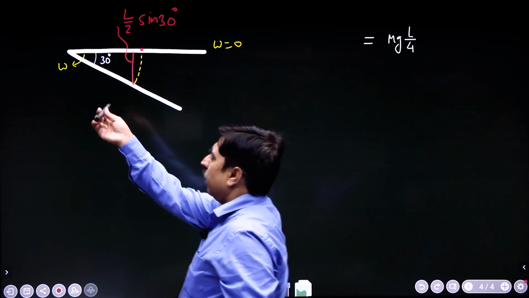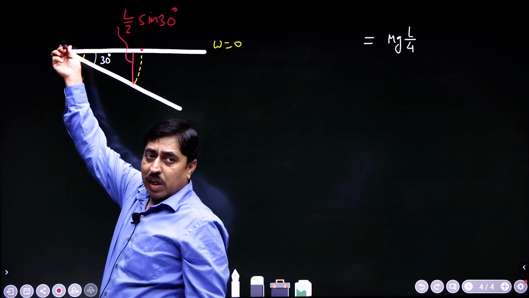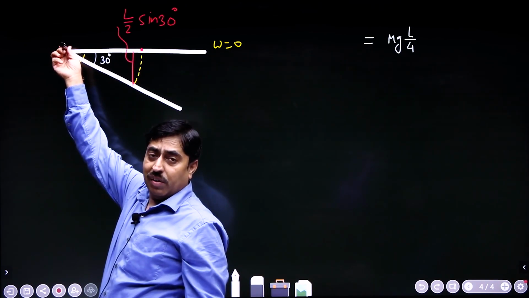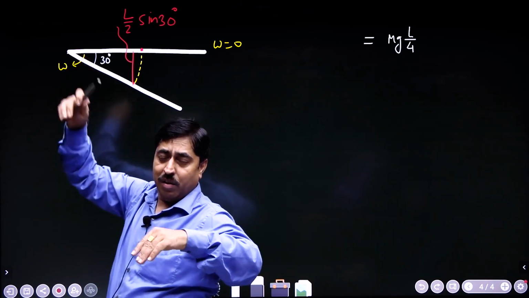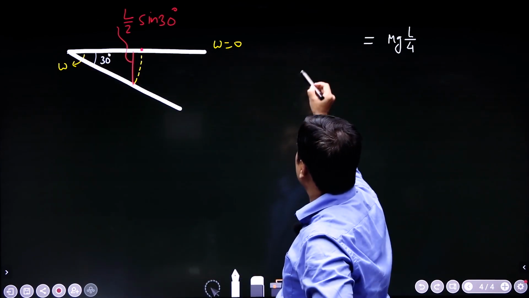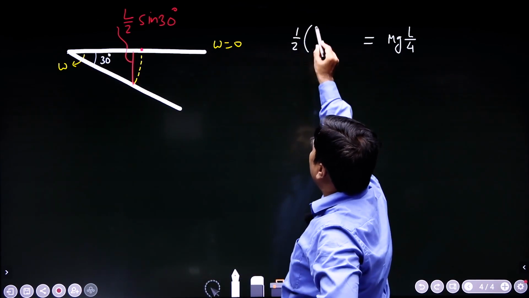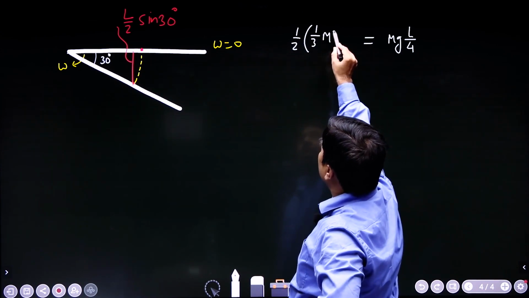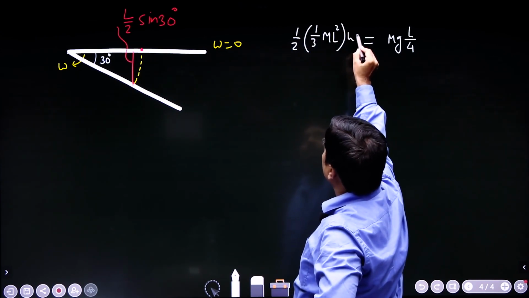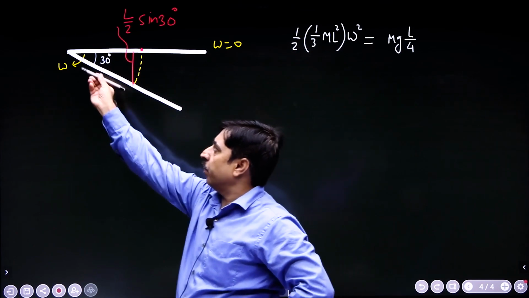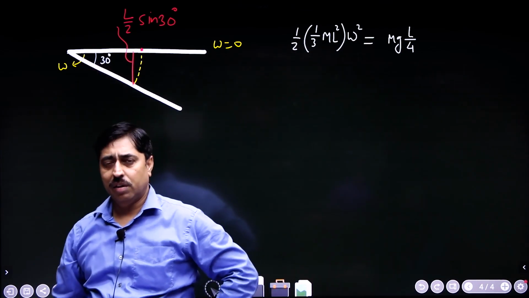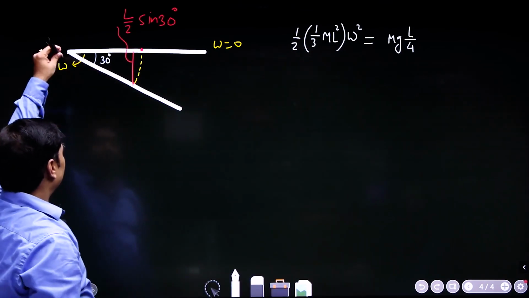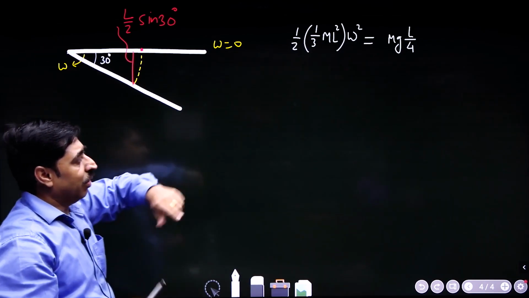The rod right now is in pure rotational motion about this axis. It has angular speed omega right now. So its kinetic energy can be written as half I omega square. When the rod is in this position, its angular speed is omega, so its kinetic energy about this axis can be written as half I omega square.